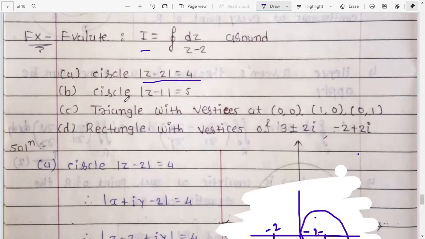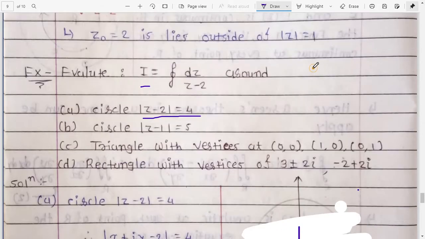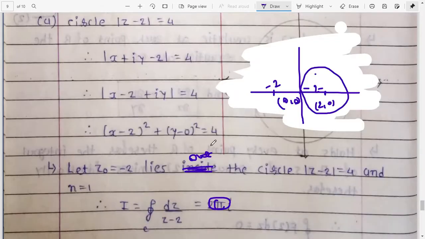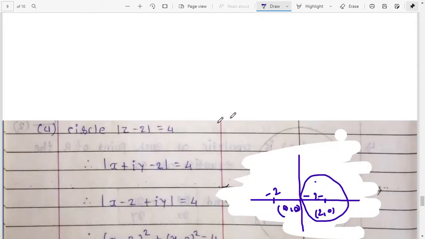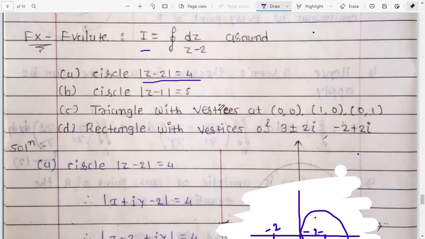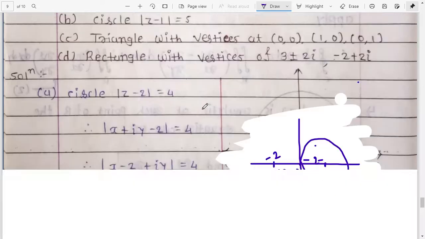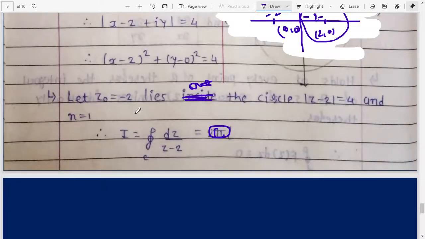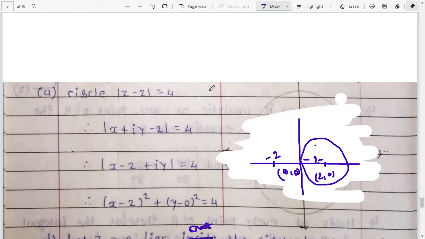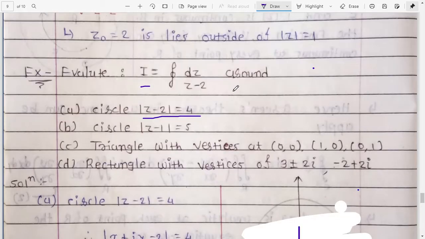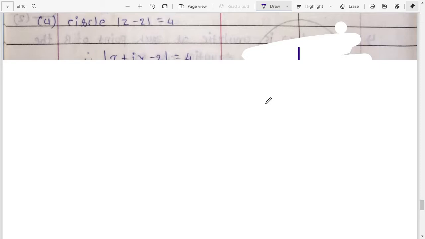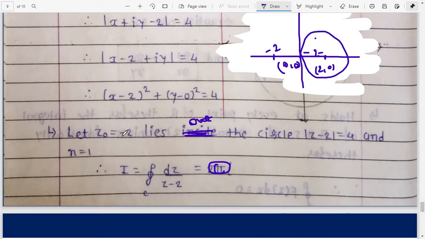In the circle B, mod z minus 1, z0 is equal to 2.